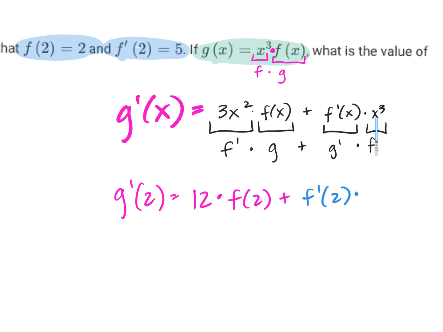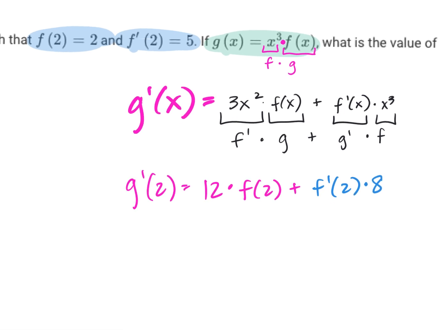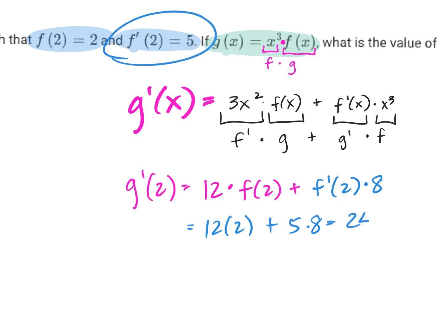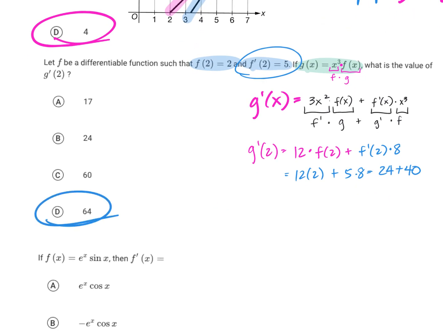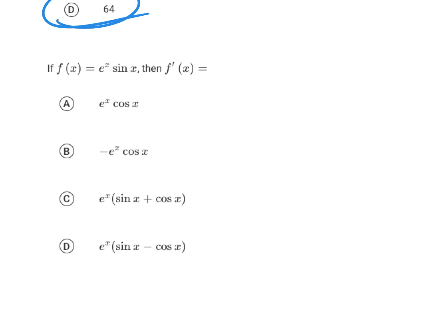And if x was a 2 here, yeah, love it. And if you don't write this step out, that's fine. F of 2, did they give that to us? Boom, f of 2 is 2. So we got 12 times 2. Did they give us f prime of 2? Love it. Final answer, 64.